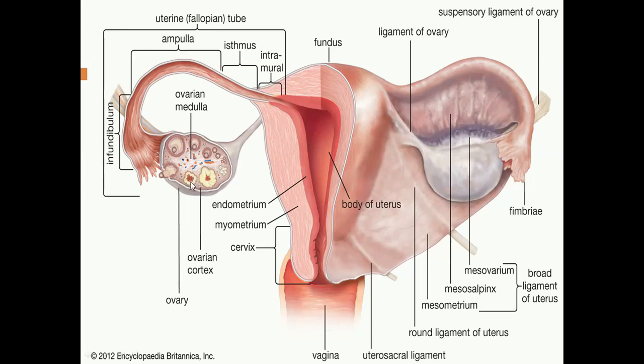The corpus luteum is usually yellowish in color because of a pigment which is yellow in color, which gives it that pigment.